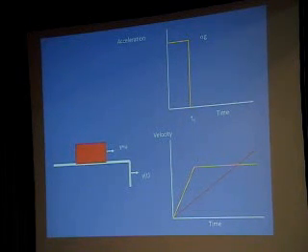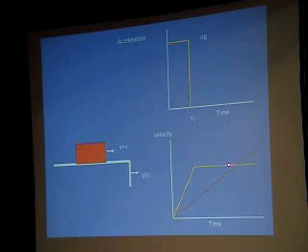Well, he says, in that case, the velocity of the ground is going to increase steadily and then become flat from there on. Now, if there is a friction force between the mass and the ground, then it'll give it a constant force which can be translated into a constant acceleration.